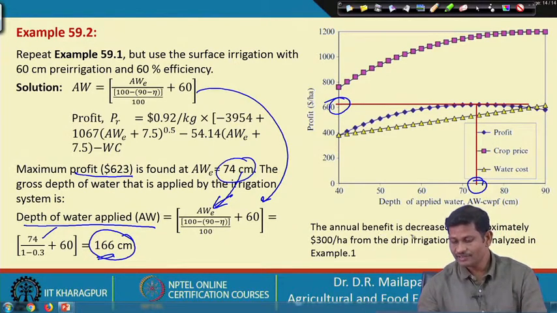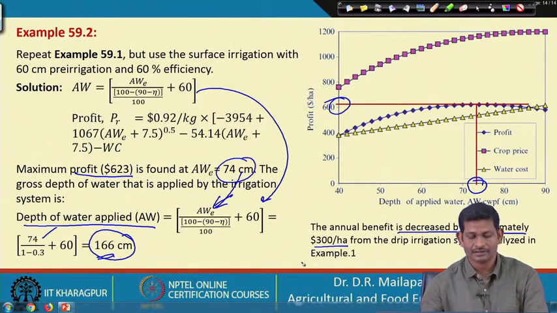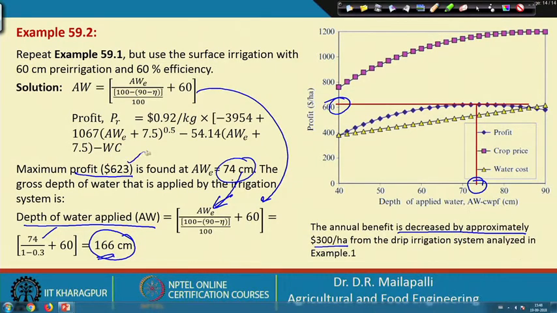So, the annual benefit is decreased by approximately $300 per hectare. If you see, this is 623 and in case of drip irrigation it is 923 something like that. So, you get around $300 difference from the drip irrigation system, in case of the previous example.